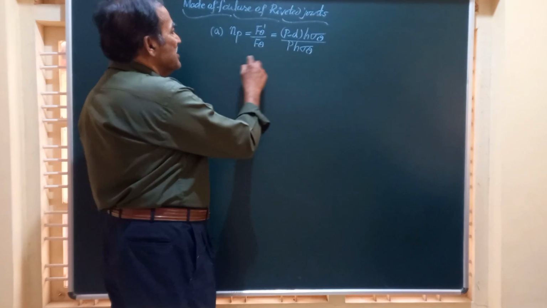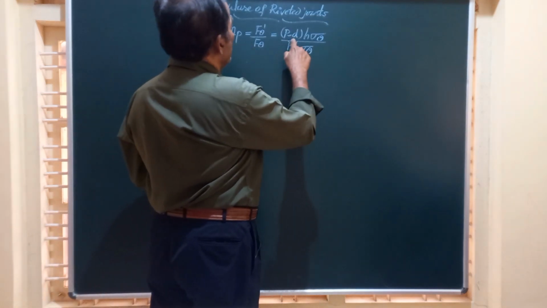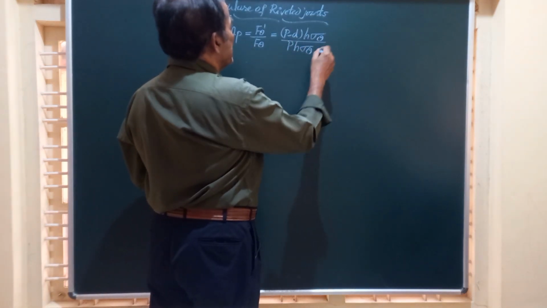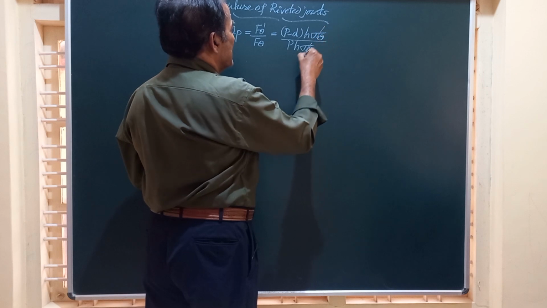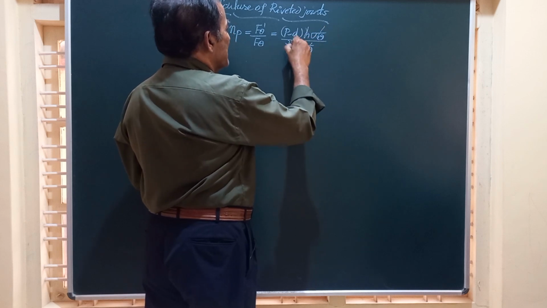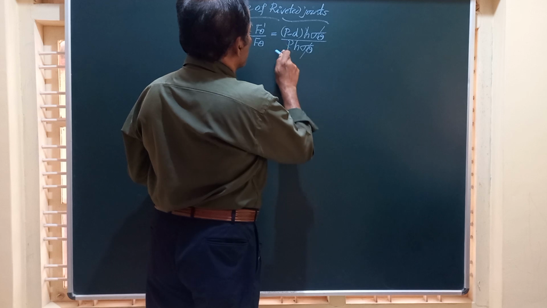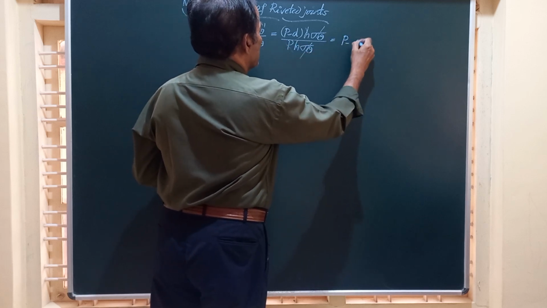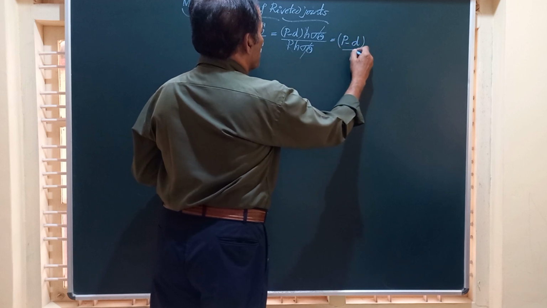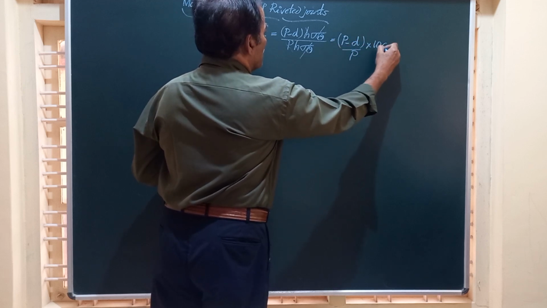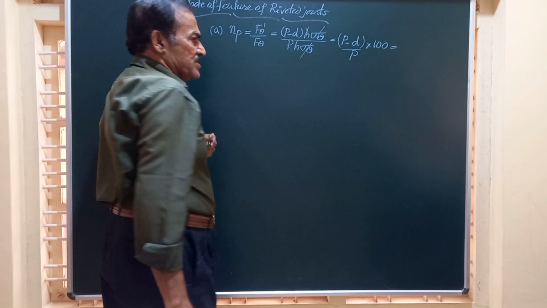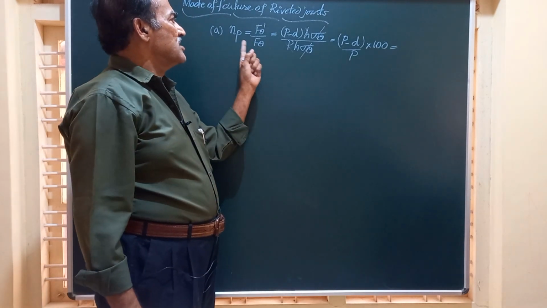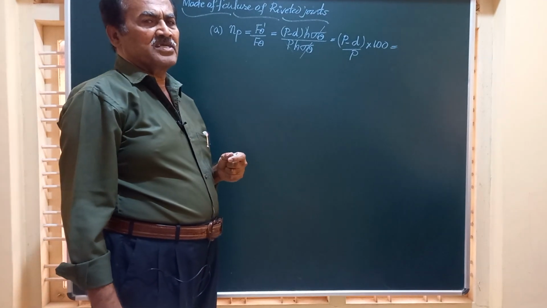Now friends, here this is given by (P minus D) into H into sigma theta. Here sigma theta, the tensile strength, gets cancelled, and H gets cancelled, and you are left with (P minus D) by P, and that we are going to multiply by 100 to get the percentage of efficiency. So this is called the plate efficiency.